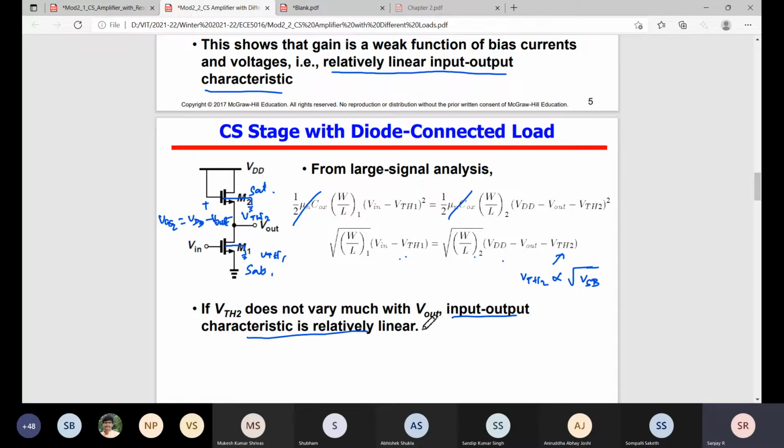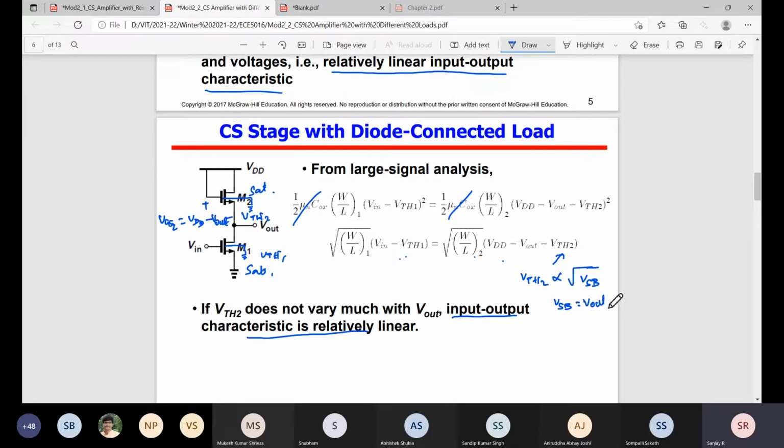The input output behavior is relatively linear, and linear means the slope will be constant, even though VTH2 varies with VSB. So what is VSB here? The source voltage is Vout, and the body voltage is ground, so VSB equals Vout. Is it fine? Any doubts here?